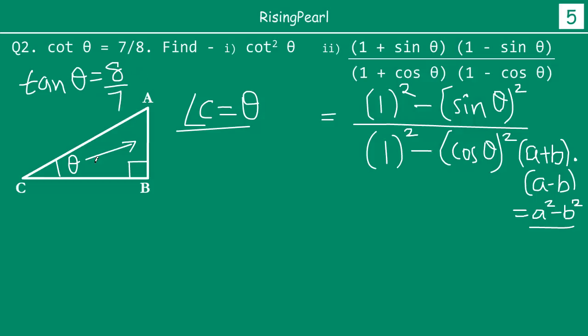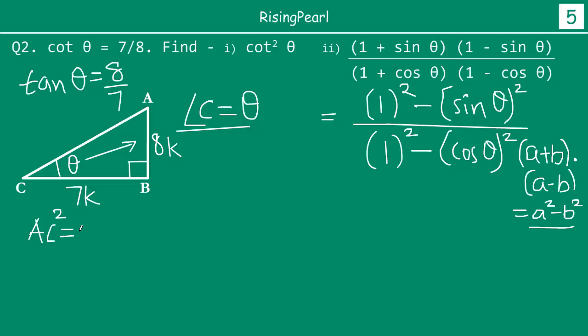If this is theta, I can assume this side to be 8k, and then this side is 7k. So if I were to do Pythagoras theorem in triangle ABC, I will get AC square, which is the one we need to find out.